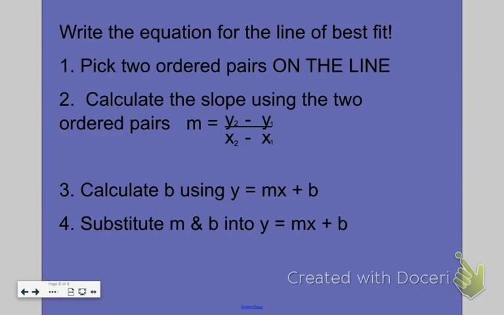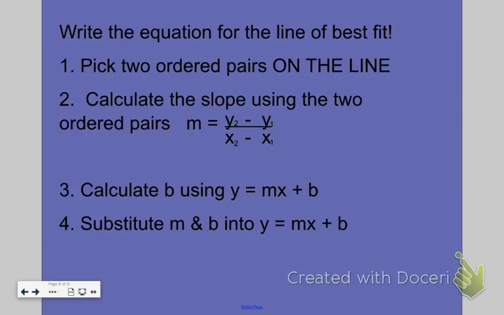Your second step: calculate the slope using the 2 ordered pairs. You're going to pick the 2 ordered pairs that are on the line and plug them into the slope formula that we've been using since chapter 3. Slope equals y sub 2 minus y sub 1 all over x sub 2 minus x sub 1.